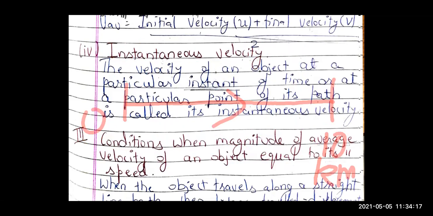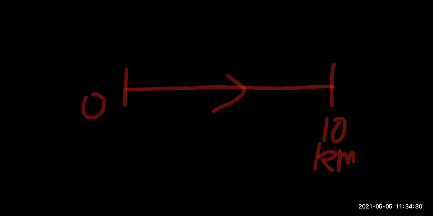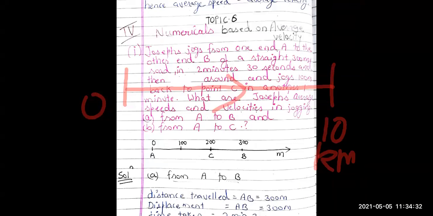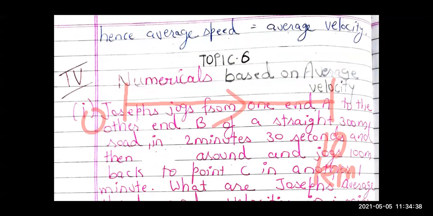So when an object is traveling along a straight path, the distance traveled will be equal to the displacement. And once distance becomes equal to displacement, the average speed will be equal to the average velocity. So this is the condition when the average speed and average velocity will be equal: when an object is moving on a straight path.